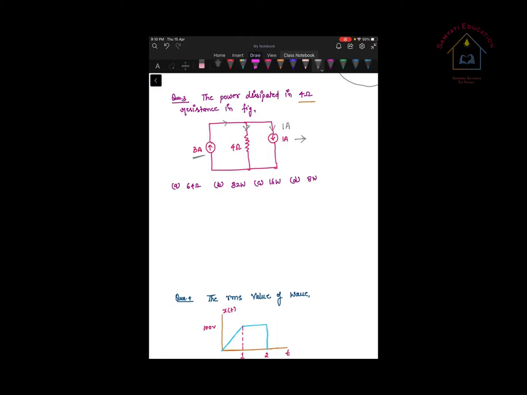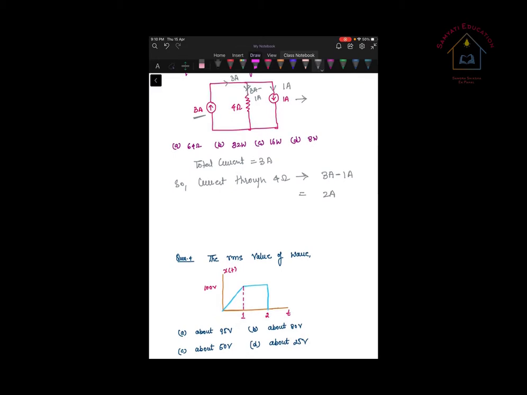If we have to calculate the current through the 4 ohm, the total current here is 3 ampere, so the current through the 4 ohm will be 3 ampere minus 1 ampere, so it will be 2 ampere.